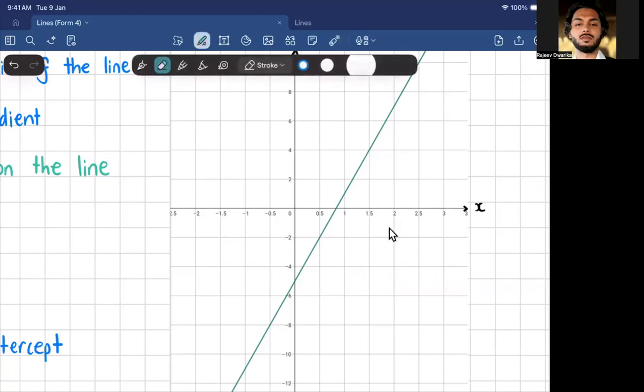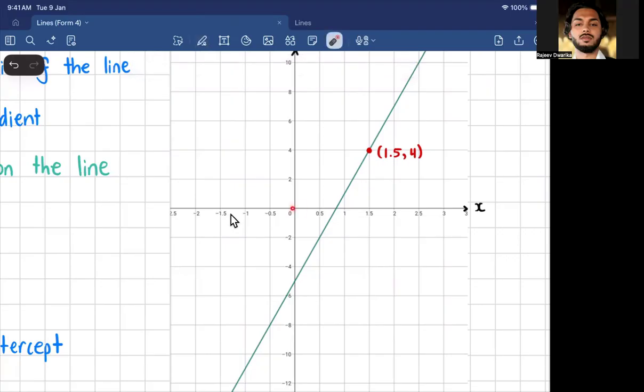Yes, that is correct. 1.5, comma 4. So Ria, you see how that was on the line? 1.5, then 4. You see how we reached the line? You had to tell 1 point like that. Yes, sir, I see it.